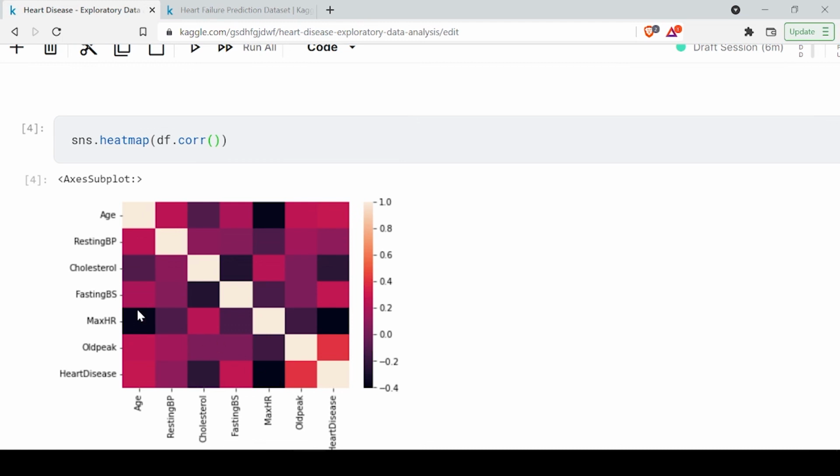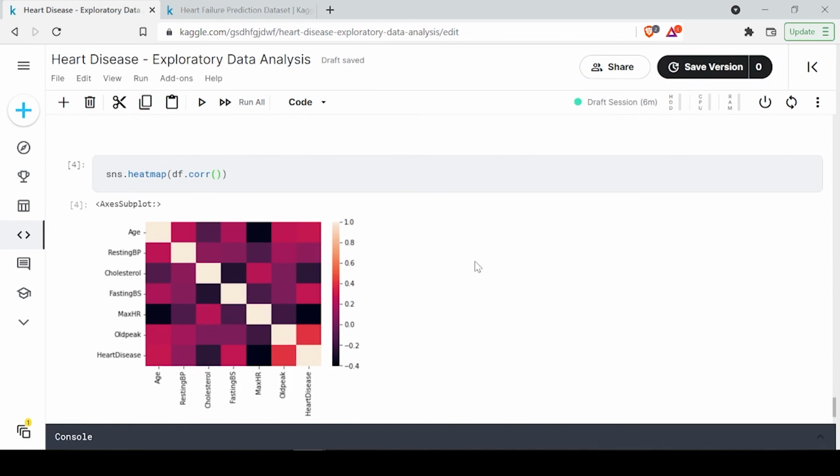This one we can take, this one and this one. These are the four correlations we can take: between max HR and age, max HR and heart disease, heart disease and max HR, and age and max HR. These are the columns that I can definitely take. So this is the basic correlation that we can find using heat maps.